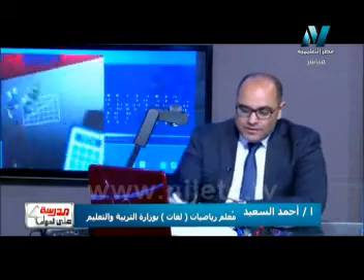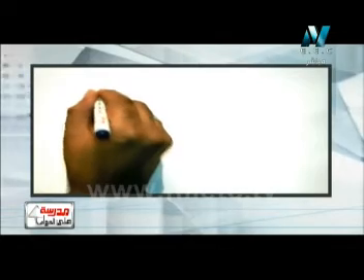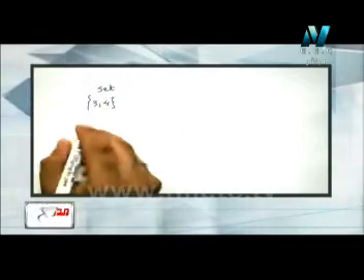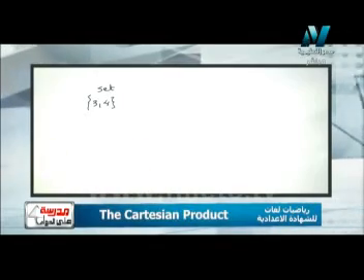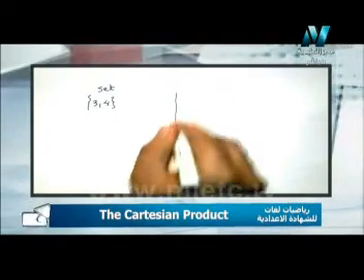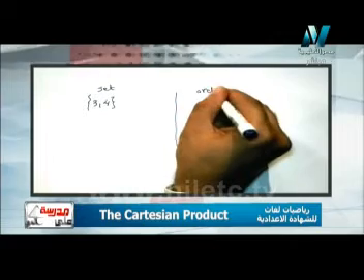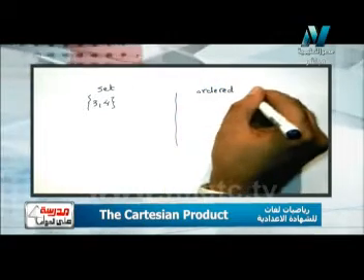For example, if I have a set of numbers like 3 and 4, this is called a set. The set contains many numbers, maybe 3, maybe 4, maybe 2 numbers only. And the ordered pair.